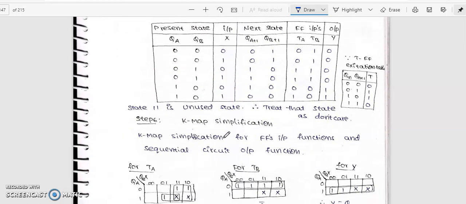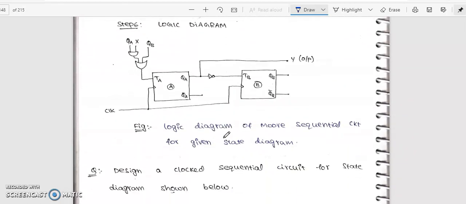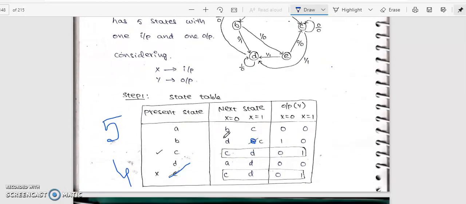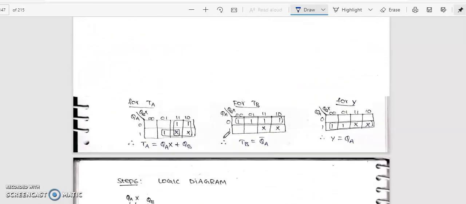Now I am showing you the previous example to tell you how to draw an excitation table for this problem. So you have to take 00 with X 0 and 1, 01 for QA, QB with X 0 and 1, then 10 with X 0 and 1, and then 11 with X 0 and 1.